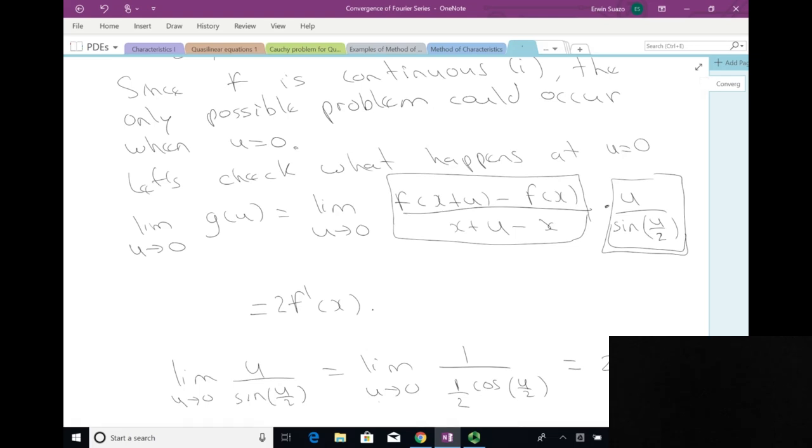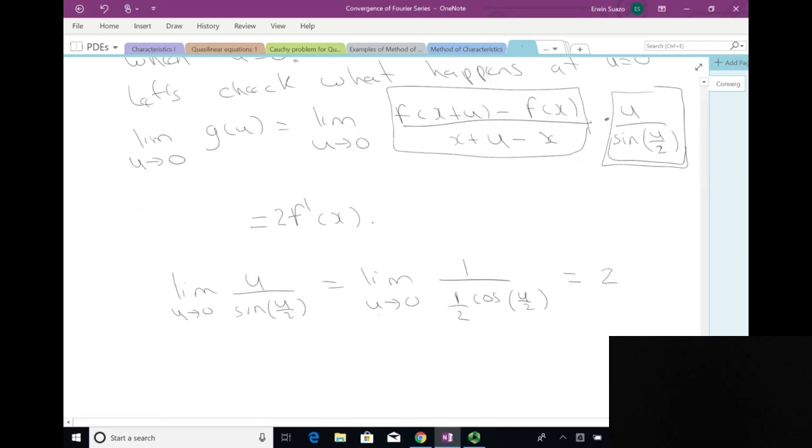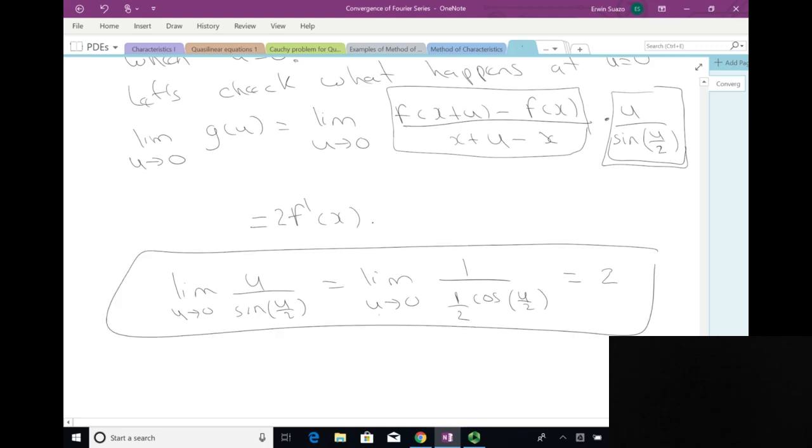Therefore, g of u is everywhere continuous, so the integral is finite. Therefore, g is continuous on minus pi to pi, and the integral is finite.